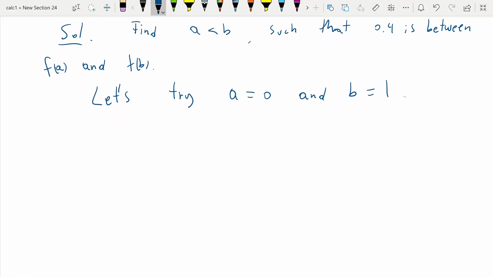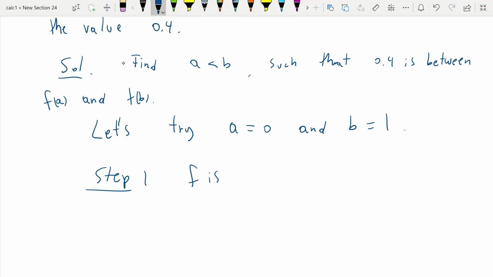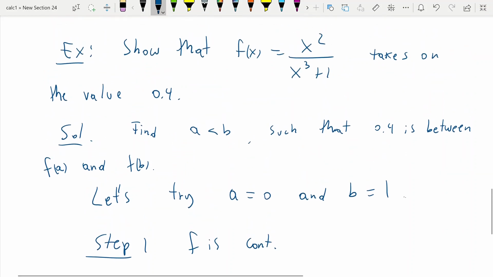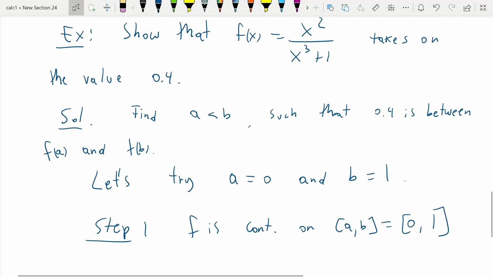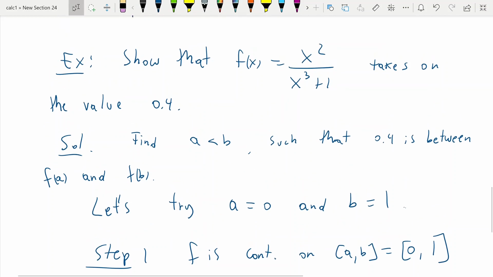So this is the sequence of steps that you need to follow every time you apply the intermediate value theorem. Step 1, f is continuous on the interval a, b, which in this case is the closed interval 0, 1. Well, is it? x squared is a polynomial. x cubed plus 1 is a polynomial as well.